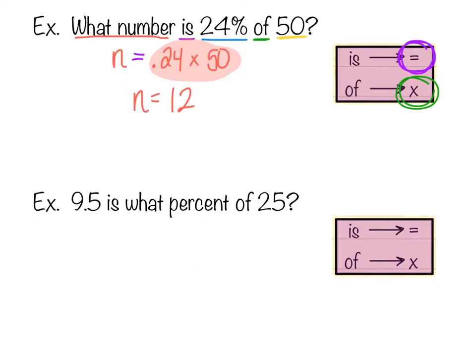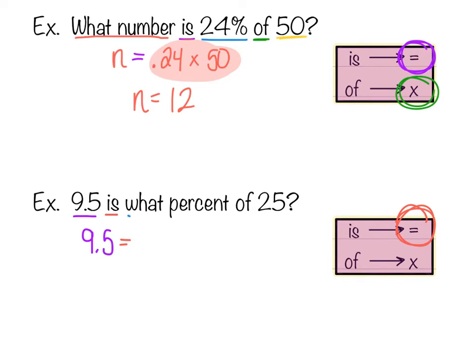All right, let's do another one. 9.5 is what percent of 25? So 9.5 is just a number. I copy it down. I see the word "is," and I know that means equals. So I replace "is" with equals. I'm just turning the verbal sentence into an equation part by part.